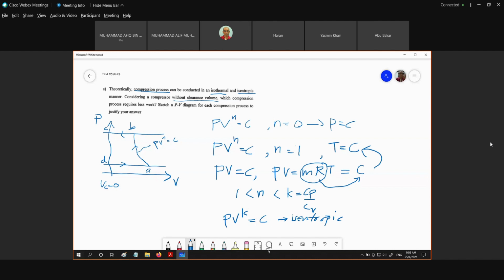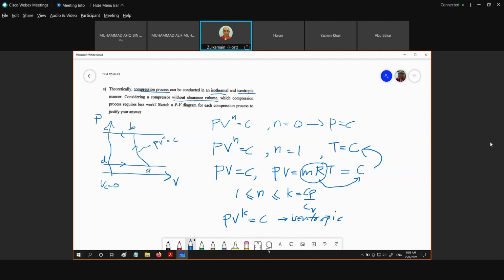So when N is 1, T is constant. Can you see that kita boleh increasekan the N value from 1 to K value. Dia tak boleh lebih dari K.